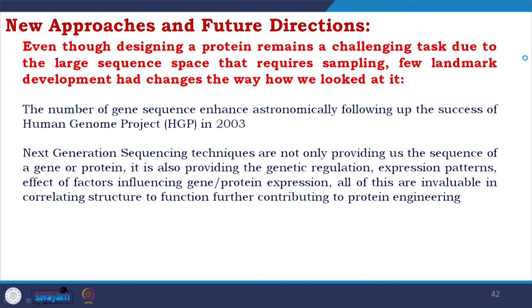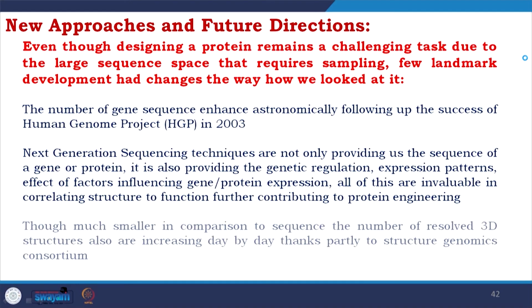Next generation sequencing techniques are not only providing us the sequence of a gene or protein, they are also providing the genetic regulation, expression patterns, and effects of factors influencing gene and protein expression. All of these are invaluable in correlating structure to function, further contributing to protein design. Though much smaller in comparison to sequences, the number of resolved 3D structures is also increasing day by day, thanks partly to the Structural Genomics Consortium.